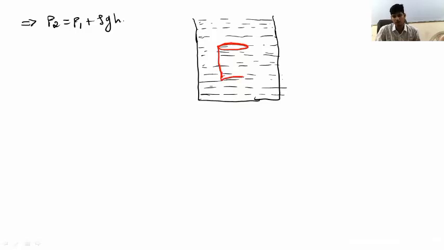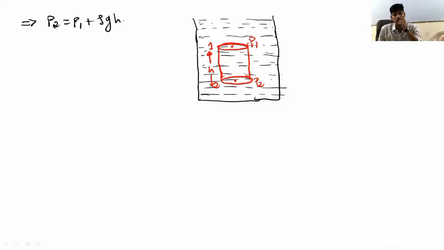This was the cylindrical portion of the liquid. Let this be point 1 and let this be point 2. The depth of point 2 from point 1 is h. So point 2 is at depth h from point 1, right? So pressure at point 1 is P1 and pressure at point 2 is P2.